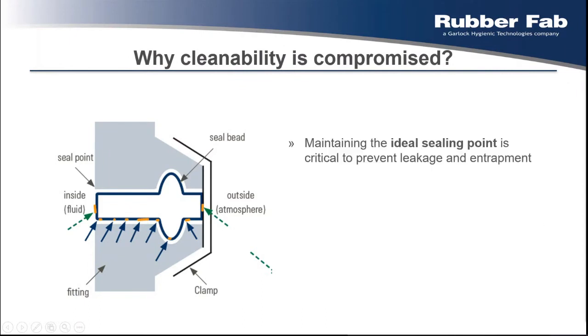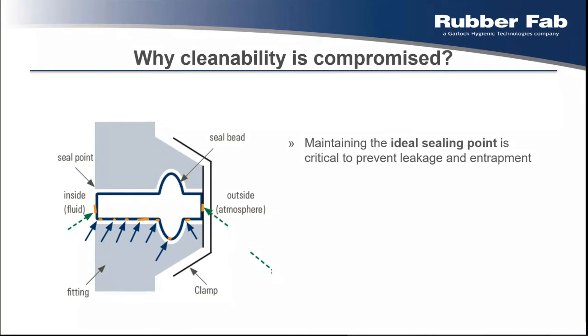And what we want to look at is the internal sealing point indicated by this green arrow here. This sealing point, we can also call it the ideal sealing point. It's critical to prevent leakage and the entrapment of media. It is the process interface between the gasket and the ferrule.